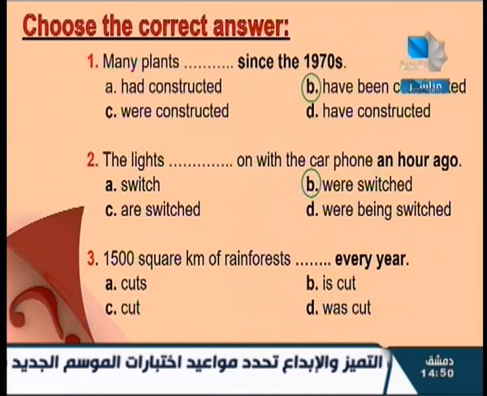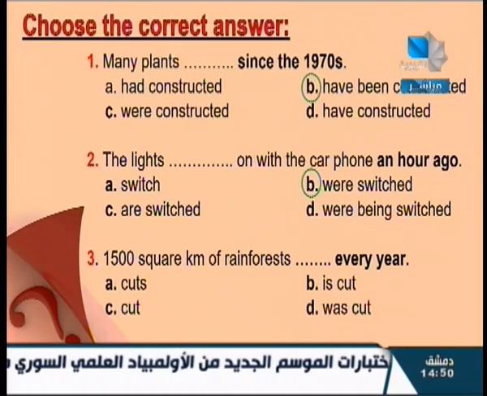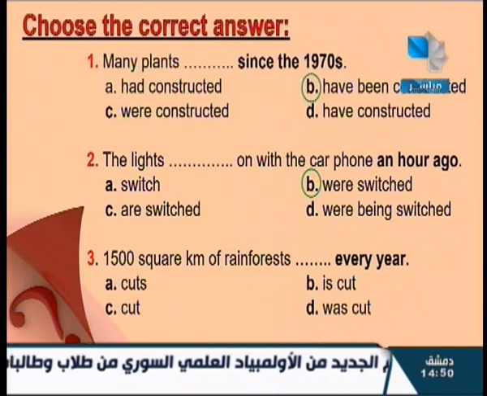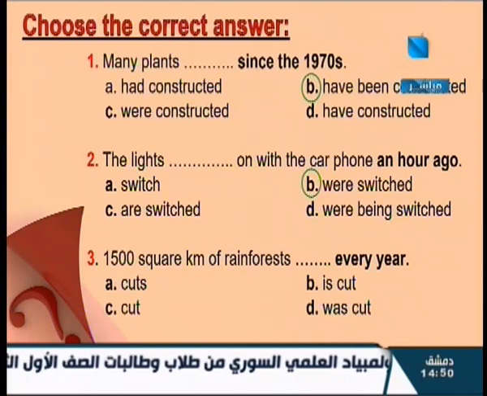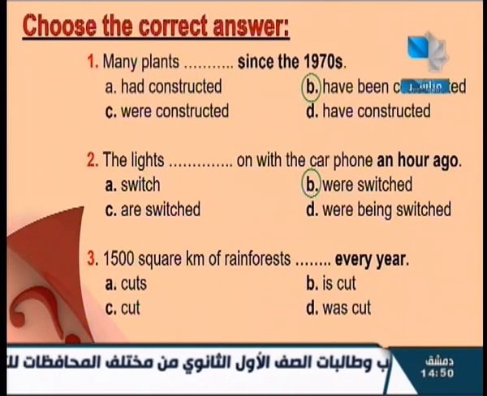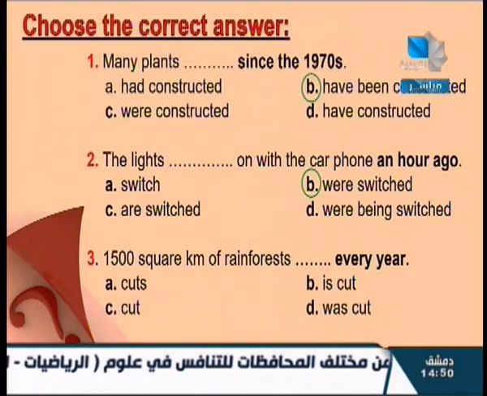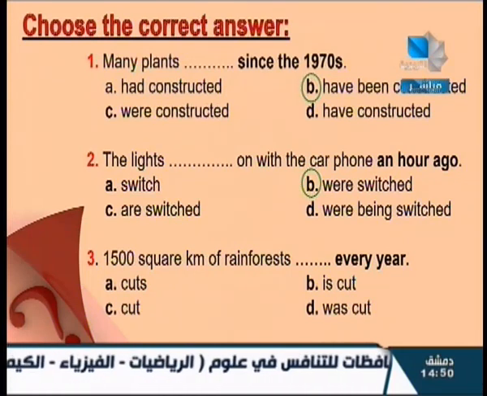Some teachers say it's plural because they say 1,500 square kilometers is plural. By the way, this is a noun of measurement. Usually in grammar, nouns of measurement are treated as collective nouns, but with these nouns of measurement, the verb should be singular. Yes, you're right.